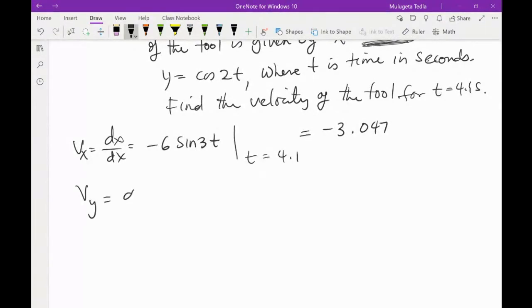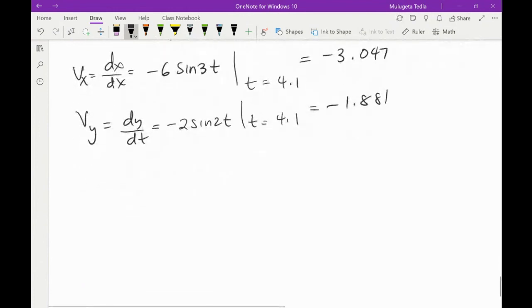The Vy is dy by dt, which is minus sine of 2t times 2, so minus 2. At t equal to 4.1, sine of 2 times 4.1 times 2 is negative 1.881, to 3 decimal places.